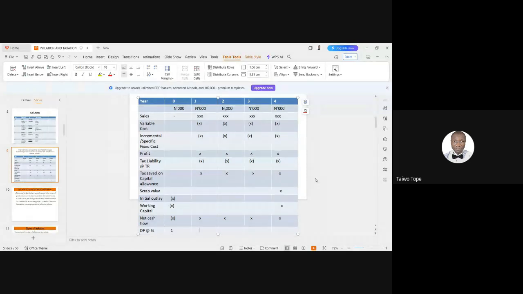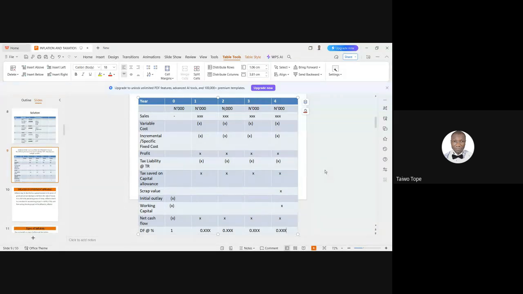So for year 1, you have a value of 0.xx. In year 2, you have 0.xx. In year 3, 0.xx. In year 4, 0.xx.